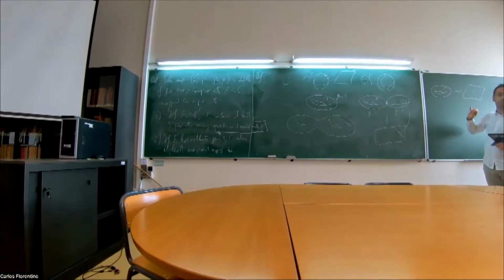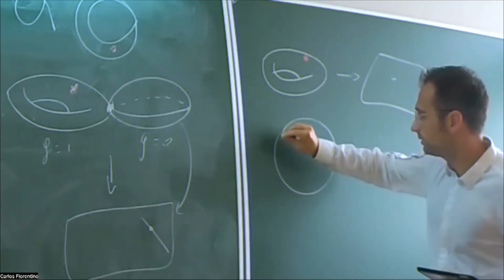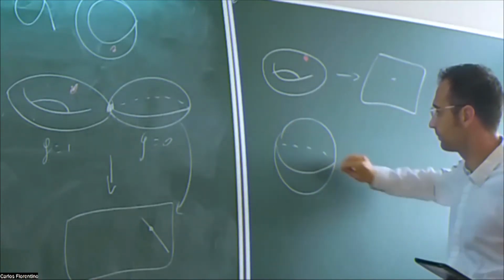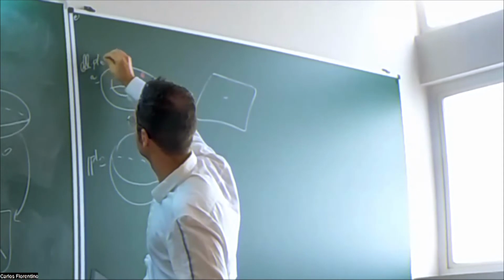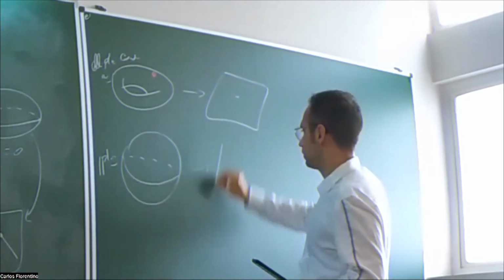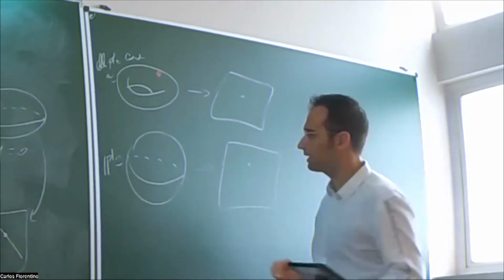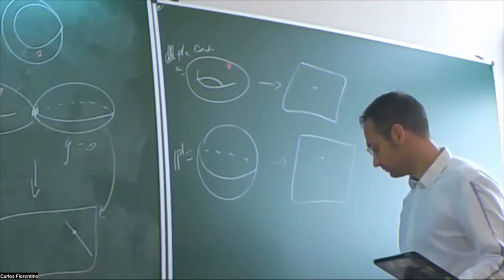Now this is stable. And if I have this one, this is P1, and this is an elliptic curve. If this is contracted, this is not stable.